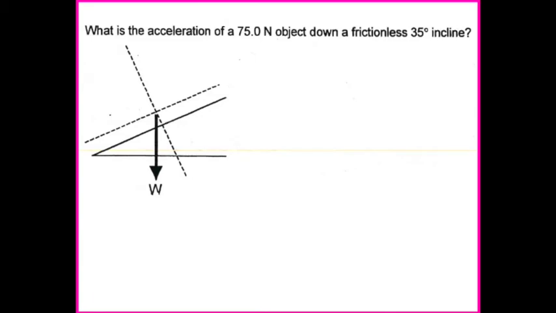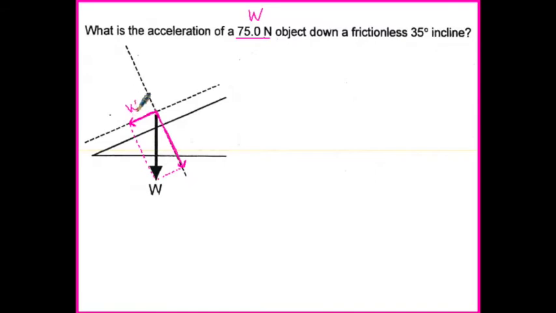Let's try an example problem. What is the acceleration of a 75 Newton object down a frictionless 35-degree incline? So we're looking for acceleration. We know we need a net force. Well, weight is not on our axis. We'll start by breaking that into components. So 75 is the weight. I'm making sure I'm making a rectangle.